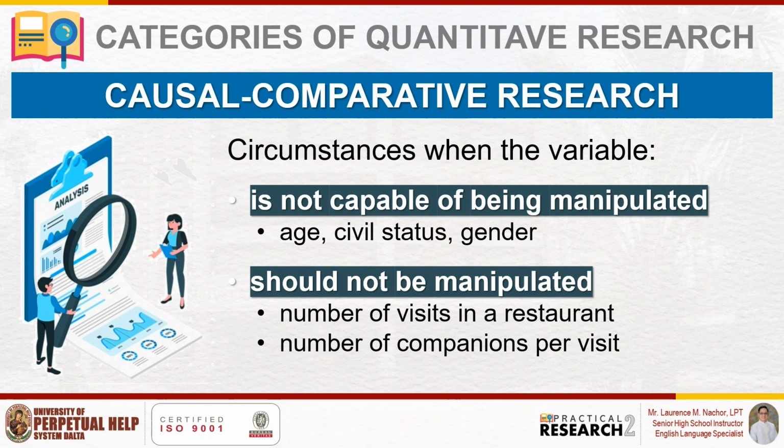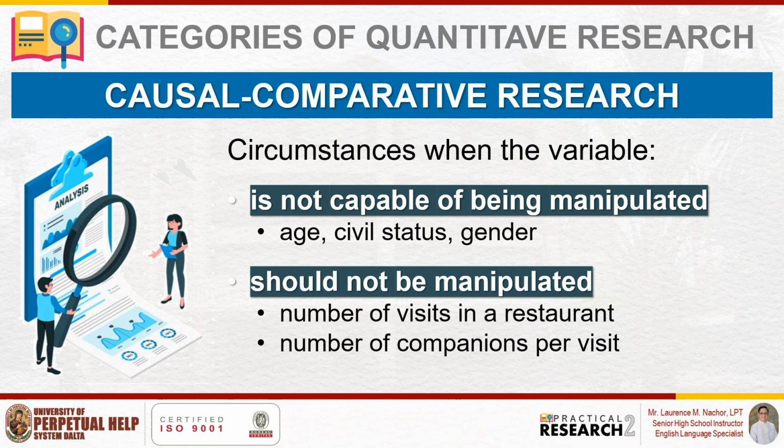So the number of visits in a restaurant, altering this may interfere with someone's habits or routines. And then another one, number of companions per visit. Manipulating this would affect personal relationships and social choices, making it ethically questionable. Because these variables are naturally occurring or sensitive.